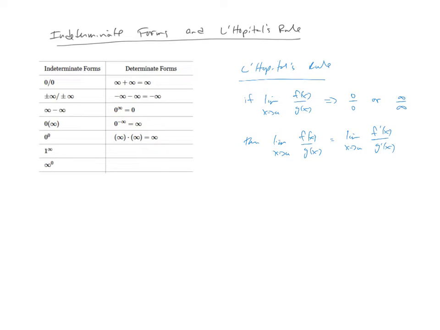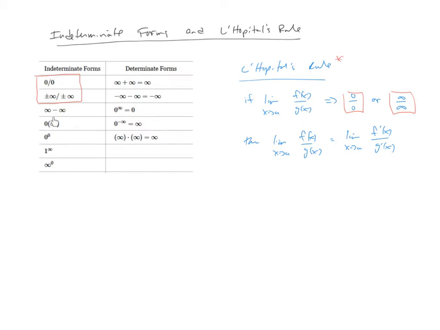There are a couple big takeaways here. The first one is that only if it goes to one of those two cases, 0 over 0 or infinity over infinity, can we use L'Hopital's rule. If that's the case, then the original limit is equal to the limit of the numerator's derivative over the denominator's derivative. Okay, that's not a quotient rule.